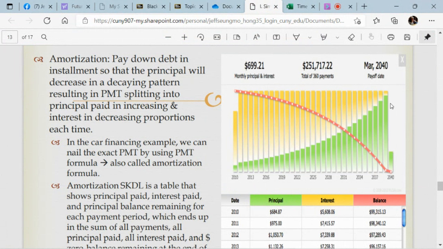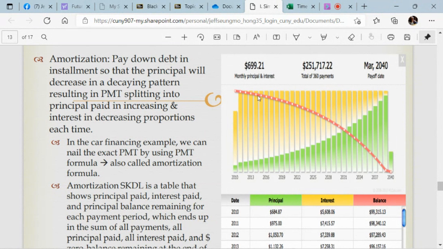So it's constant through and through between 2010 and 2040, that's 30 years, with 360 monthly payments. But what is yellow and what is green? Yellow is the principal portion, green is the interest portion in each monthly payment.